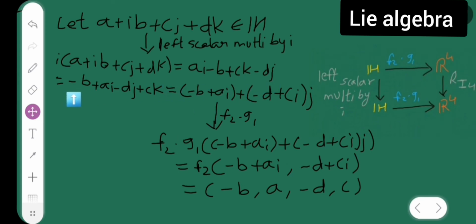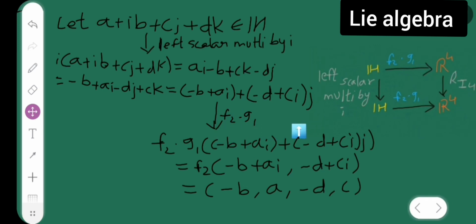So this is equal to minus B plus AI minus DJ plus CK, which is equal to minus B plus AI plus this, I am going to write it as minus D plus CI into J. If I put minus DJ, I will get it as it is, and then I into J is nothing but K, so I will get CK back. So I have written this in this form.